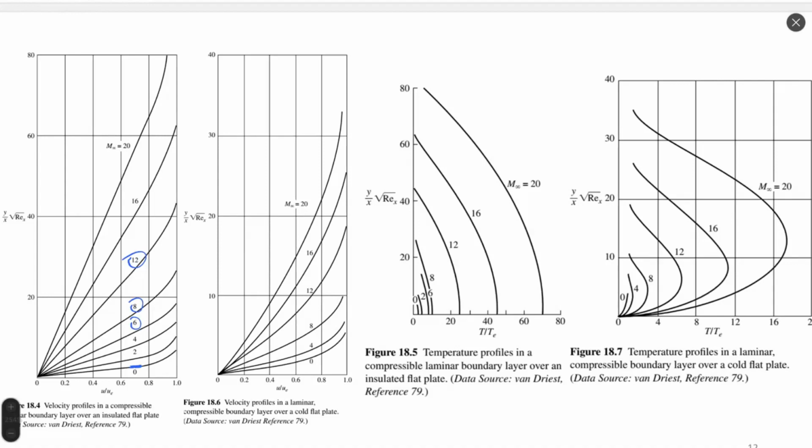Okay, let's take one value, for example. This one I like more, in the middle, for Mach 8.